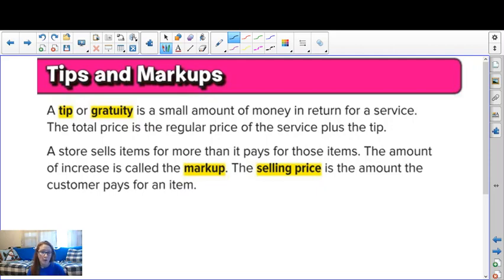Now you know. A store that sells items has to pay for the items that they get. So Walmart doesn't just magically get these fancy calculators. They have to actually pay the seller to get them in the store. And then what they do is called a markup, which means that they increase the price so that they can make a profit on what they're trying to sell to you.